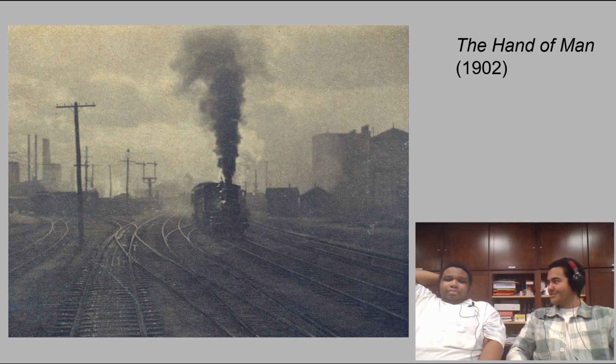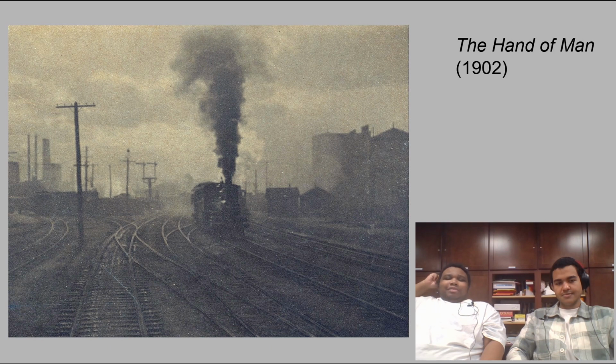Well, what do you think about this one? It's hard because I like it, but I'm assuming that he was pretty far from it because it's not very sharp, and they definitely could have gotten sharp-ish photos at this time.